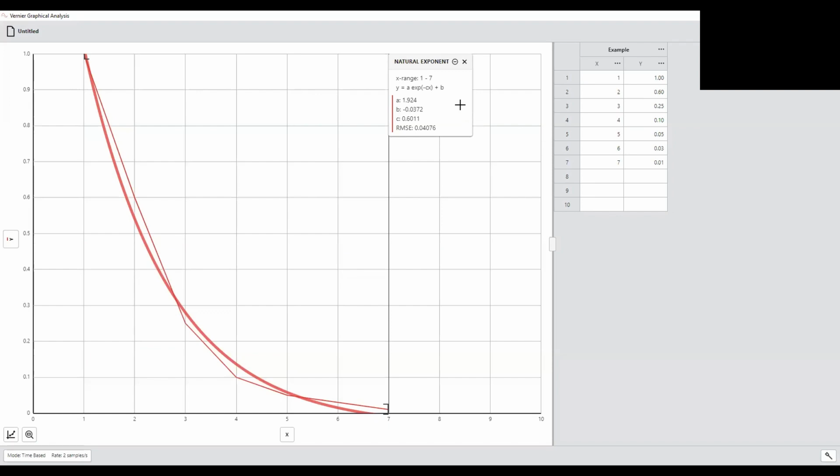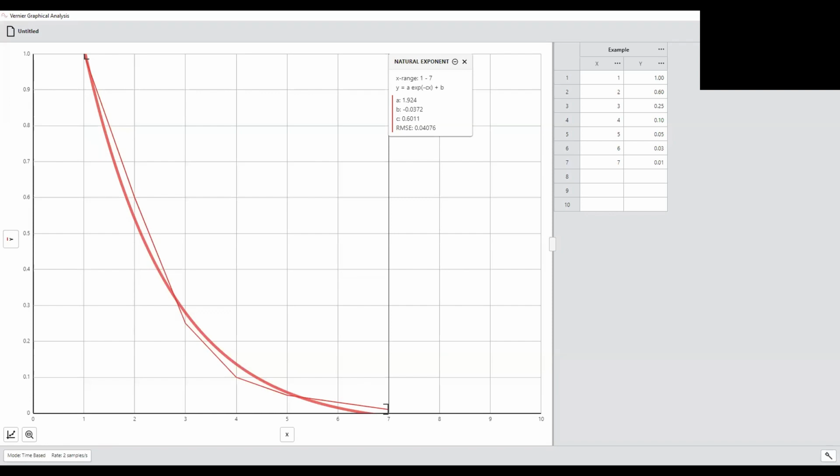So that would be the equation of the function that better fits the points. So this Vernier software is really very, very simple. It's very friendly, you can use it as you want.